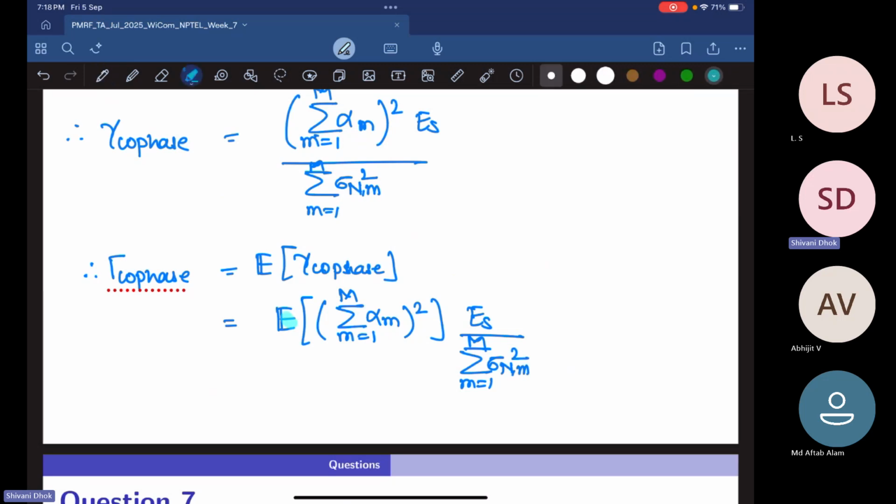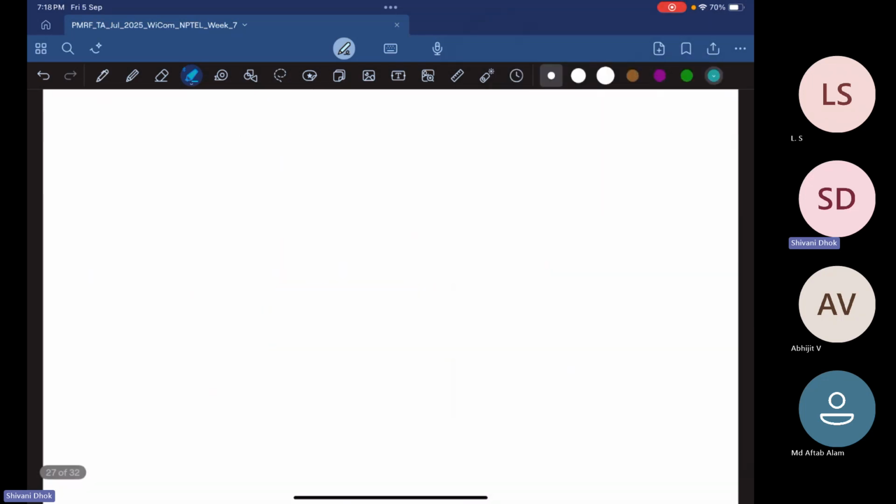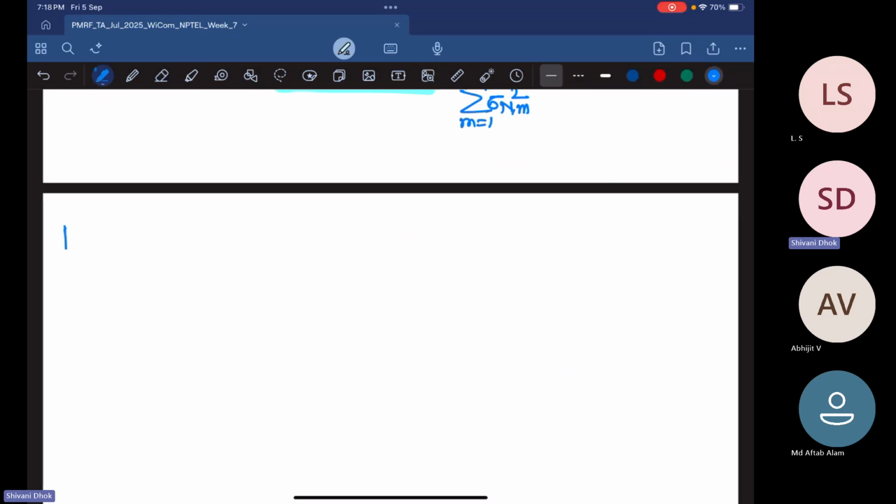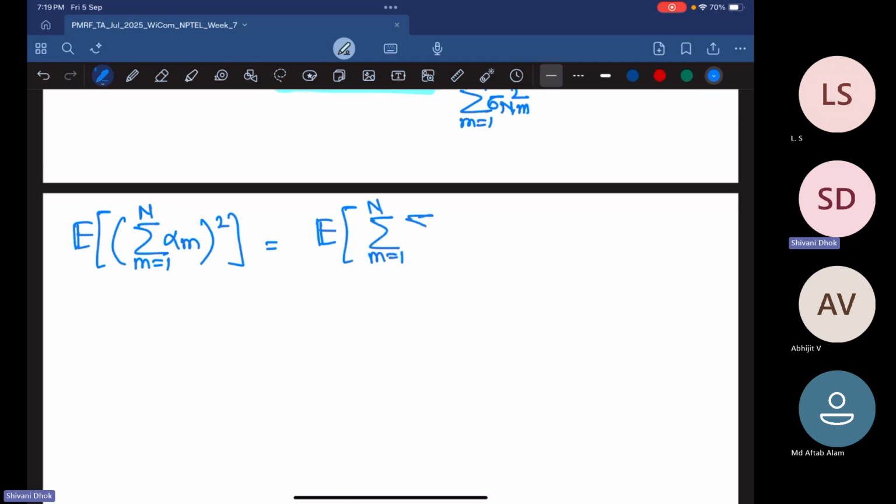Now let us just focus on this term. Your expectation of summation m equal to 1 to capital M alpha m squared, this you can write as expectation of summation m equal to 1 to M, summation n equal to 1 to M, alpha m alpha n.